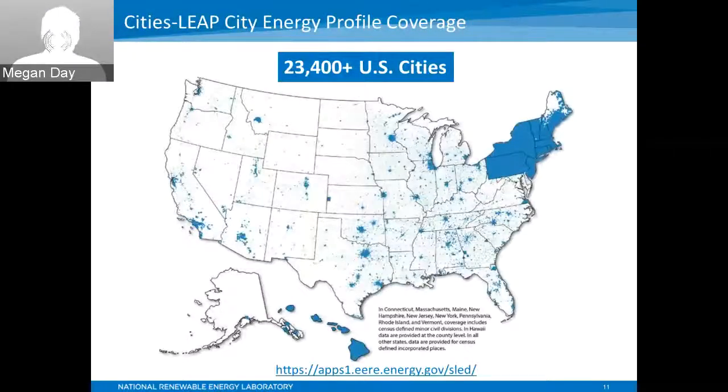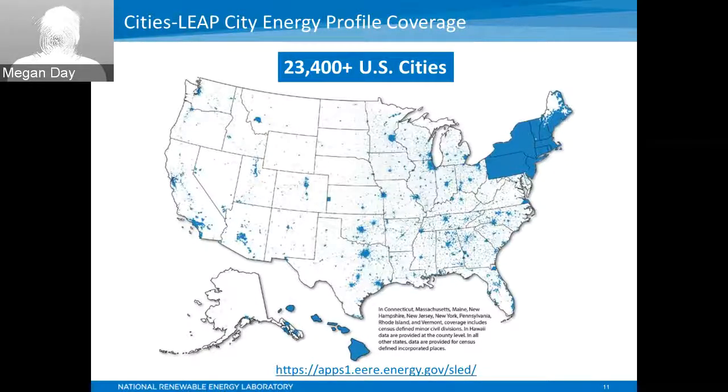So we set out to try to fill that data gap and provide energy data for every single US city. So we created city energy profiles with a data set of now 10 different data components available to every city for 23,400 plus US cities.